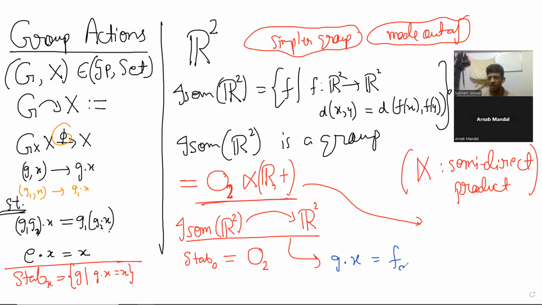Just the function corresponding to g. g is a function, right? Maybe I just write f. Take an element f from here, and take an element X from here, and the action is just f of X. What else can it be? It's only one choice.